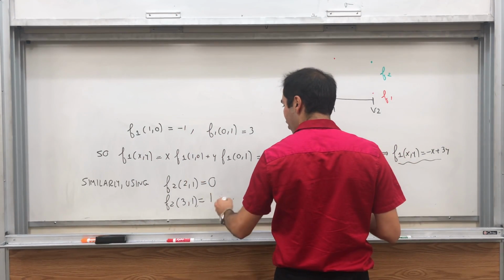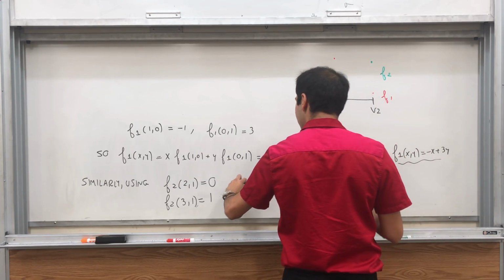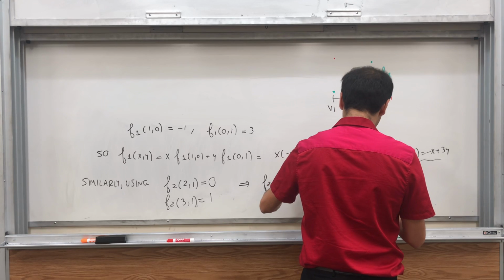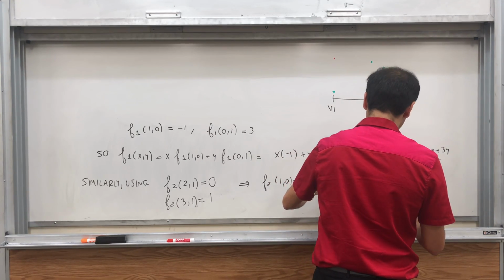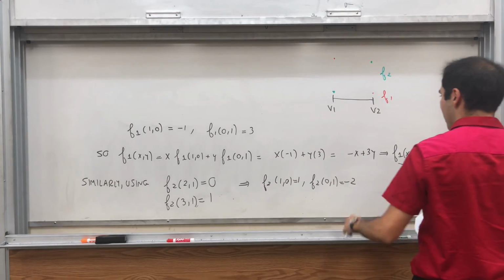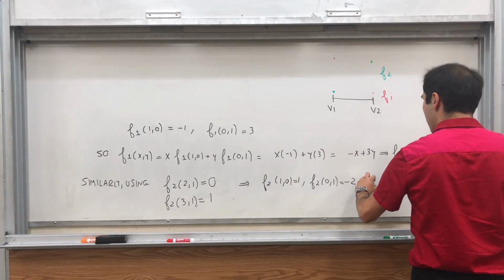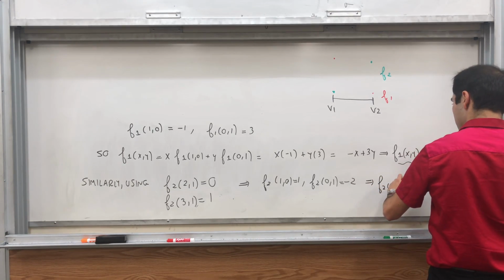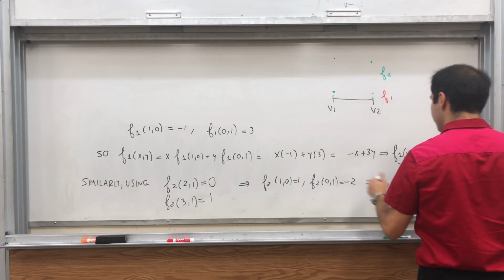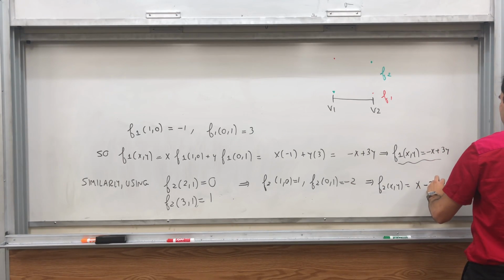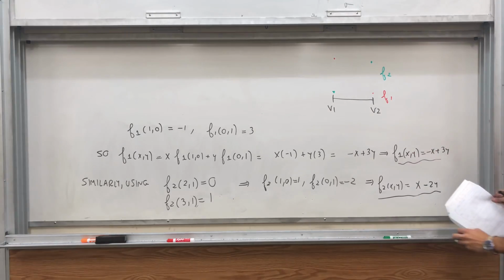If you solve this in a similar way, we get f2 at 1, 0 equals 1, and f2 at 0, 1 equals minus 2. And therefore, f2 of (x, y) is 1 times x, so x, plus minus 2 times y, so minus 2y.